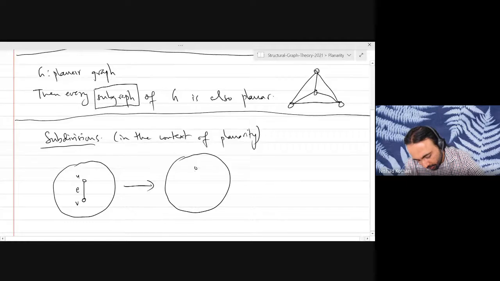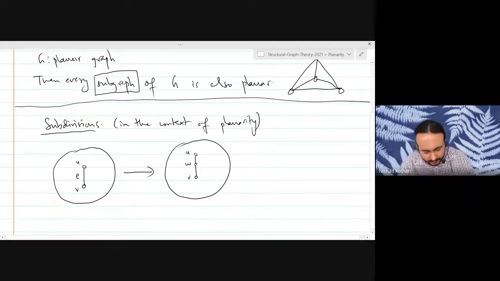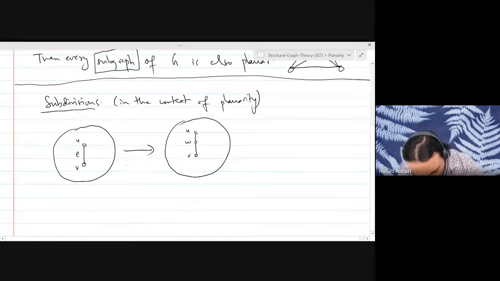You put a new vertex w on this edge. In other words, you delete the edge e and put a new vertex w, and join it to the ends of e, u and v. Okay. e could also be a loop. That's not a problem. The same thing can be applied with u equal to v. Right? So this is called subdividing an edge e.